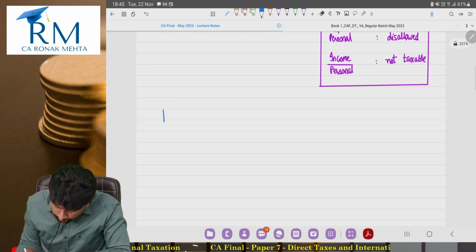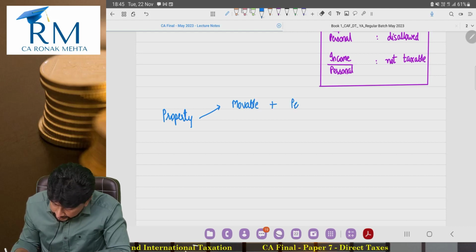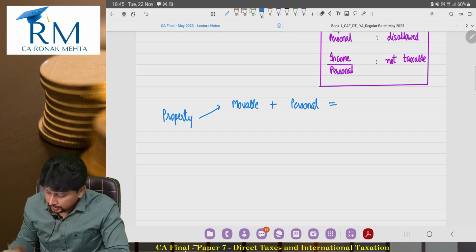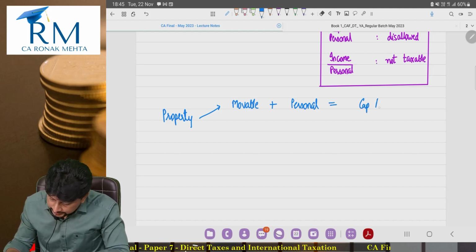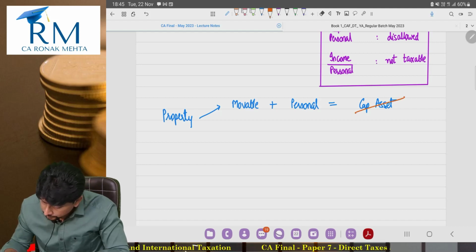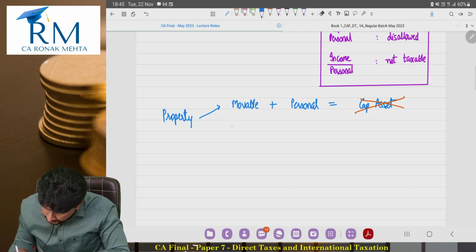Okay, sir, if the property is movable plus held for personal use, then is it a capital asset? Answer is no.